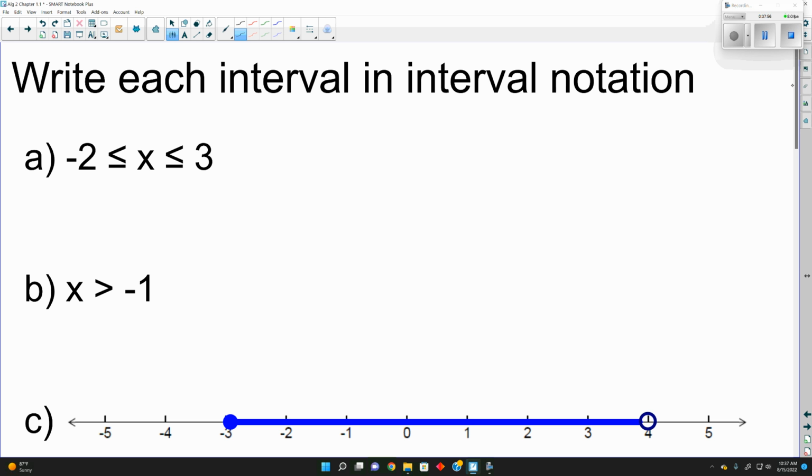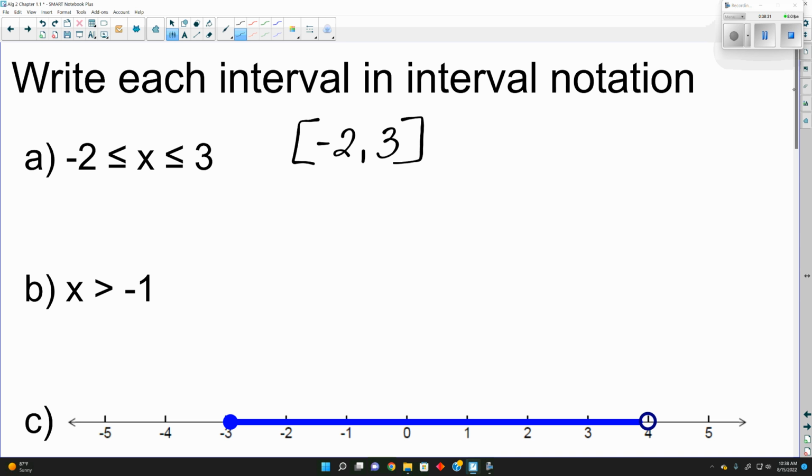So when we look at A, it's going from -2. It's saying -2 is less than or equal to x is less than or equal to 3. So this is inequality notation. So for interval notation, since it is less than or equal to, we would have a bracket, -2, comma, the other endpoint is 3. We would use a bracket because it's included. So that would be the interval notation. Questions on the first one here?